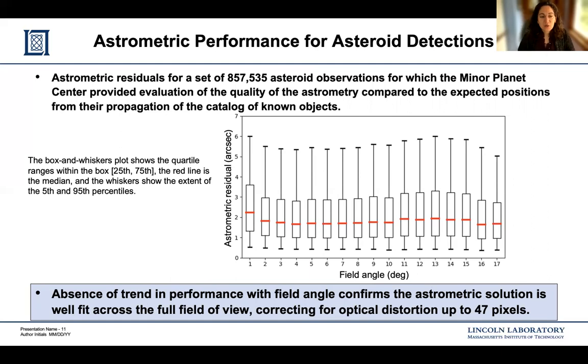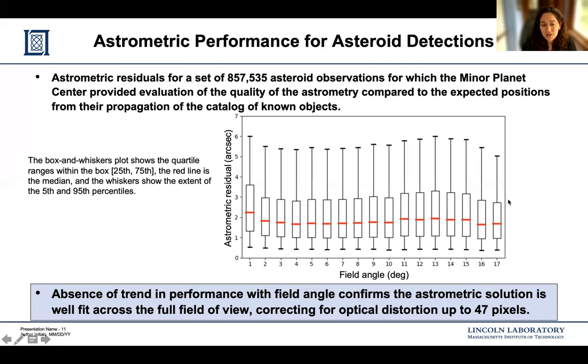Shown in the box and whiskers plot, the red line is the median at each field angle. The extent of the box shows the 25th and 75th percentiles, and the whiskers show the 5th and 95th percentiles. What you can see is that our median is below 2 arcseconds out to all field angles, and 75th percentiles below 3 arcseconds for the most part.